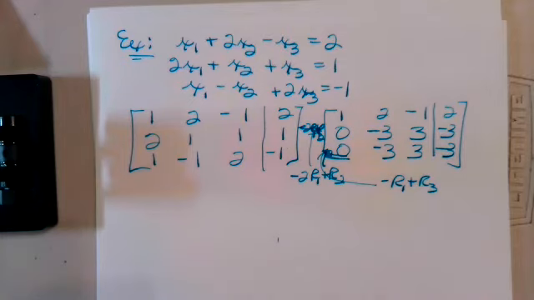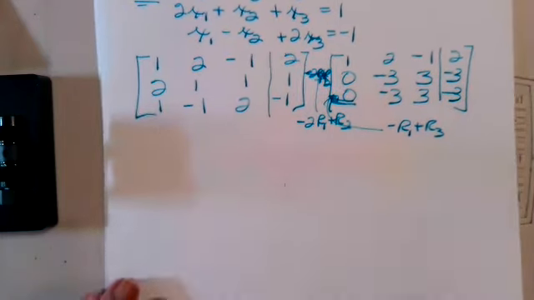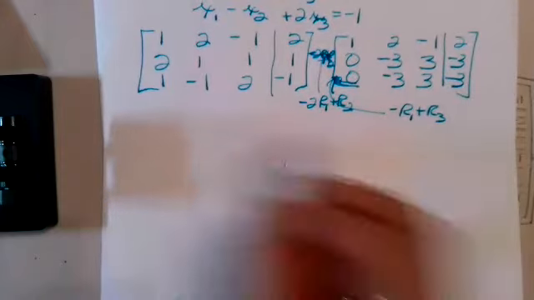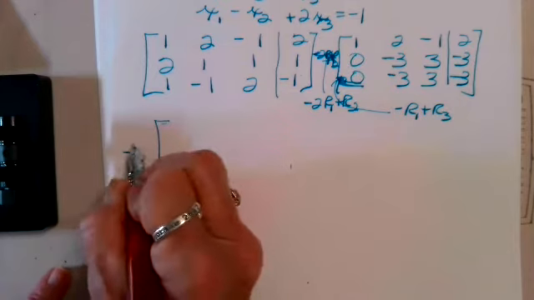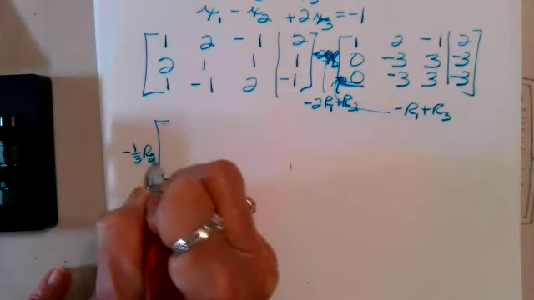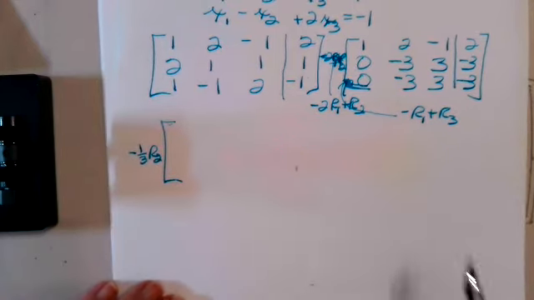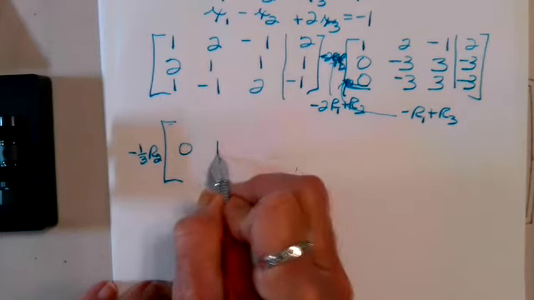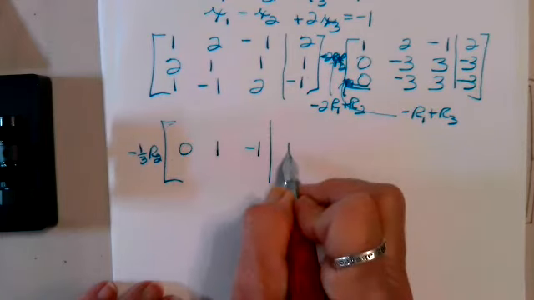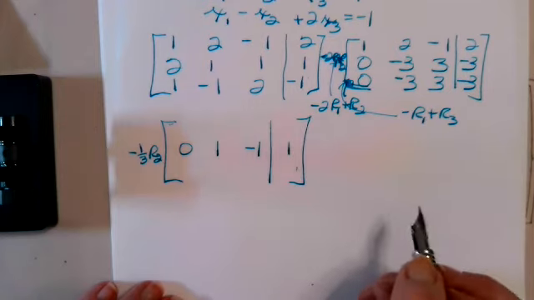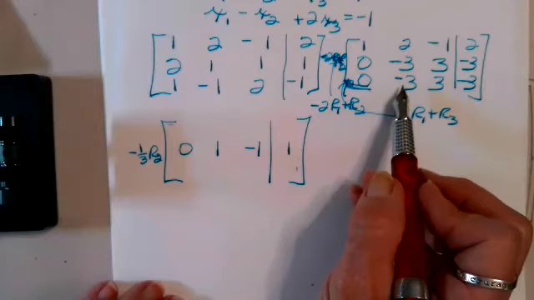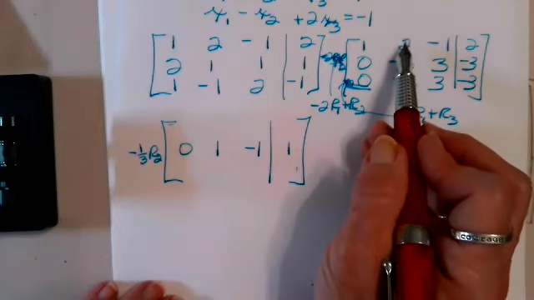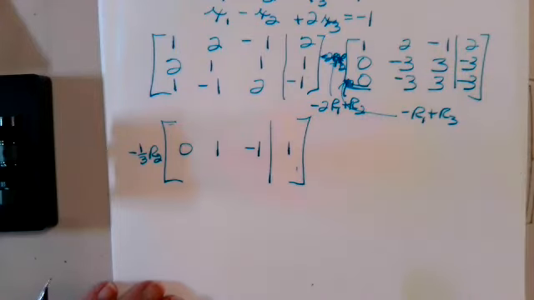Okay, and now we want to get the 1 in the correct place in the second column. So that's in the middle row. So I do minus 1/3 row 2. Okay, and when I do that, I will get 0, 1, minus 1, 1. Now I want to use that to get rid of the minus 3 here and the plus 2 up at the top. Make those into zeros.